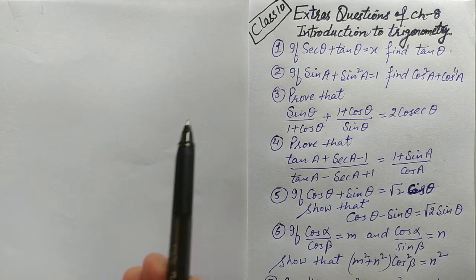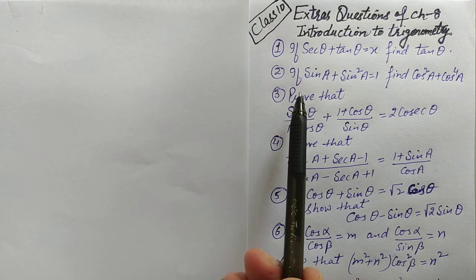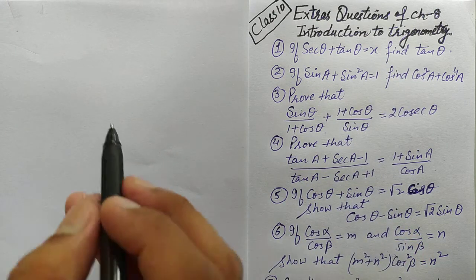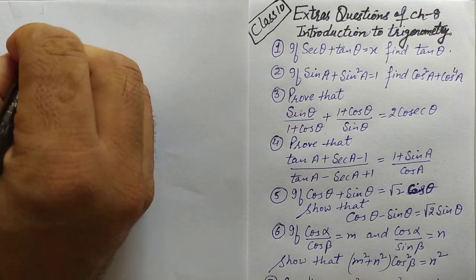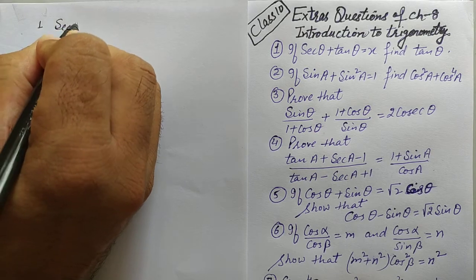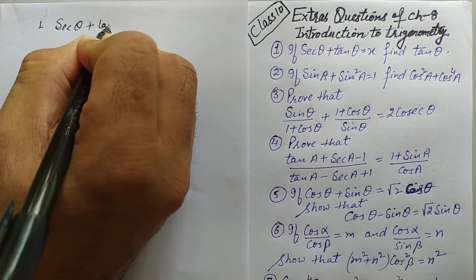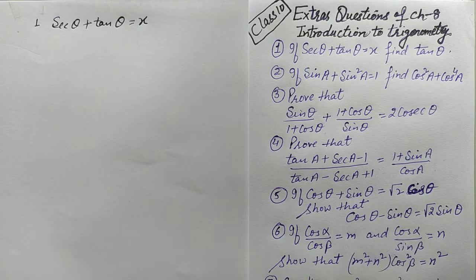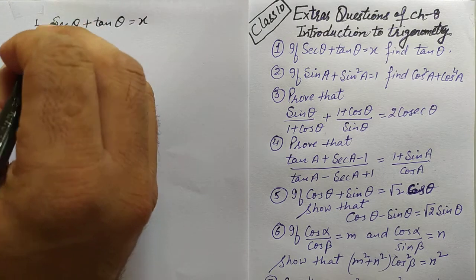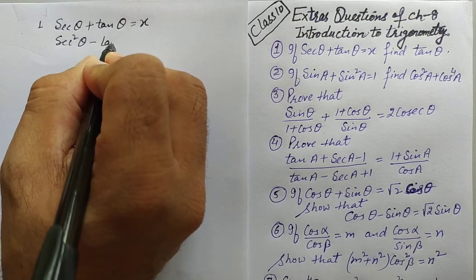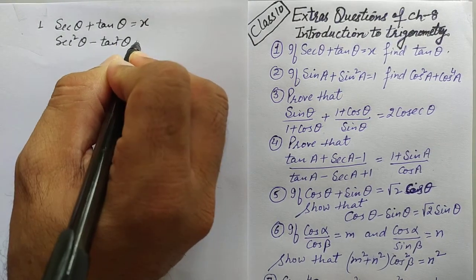So the first question is, if secant theta plus tan theta is equal to x, find tan theta. In this type of question, it is given that secant theta plus tan theta is x. So we will use the identity that secant square theta minus tan square theta is equal to 1.